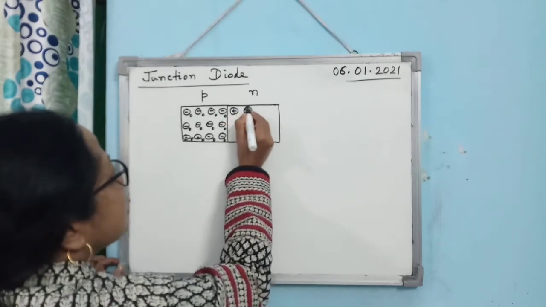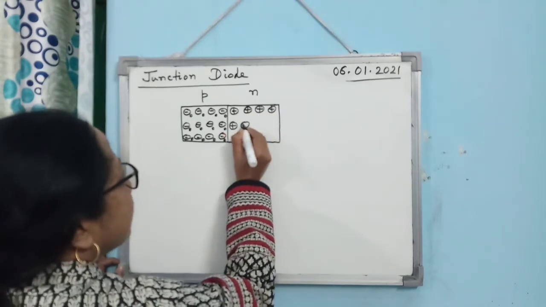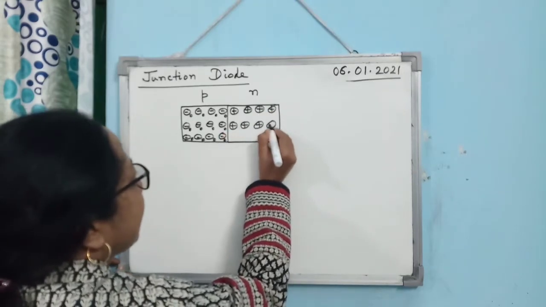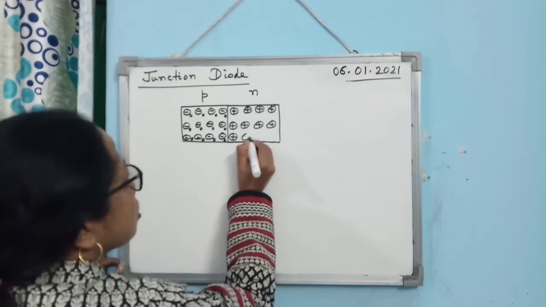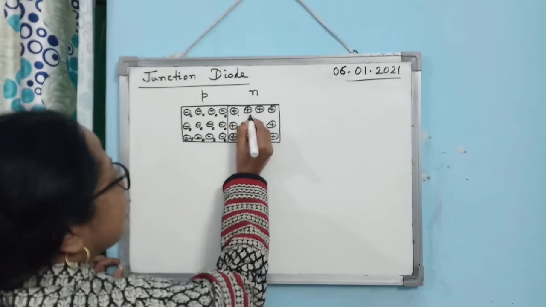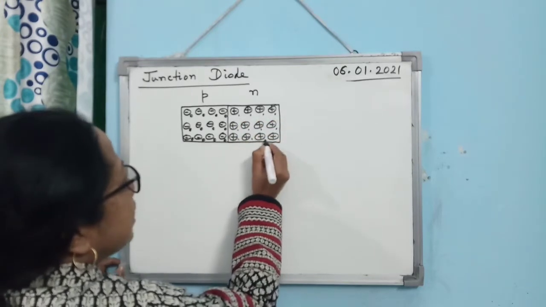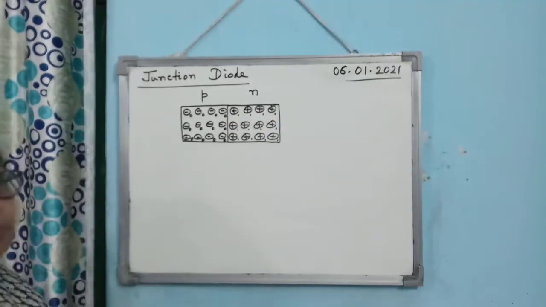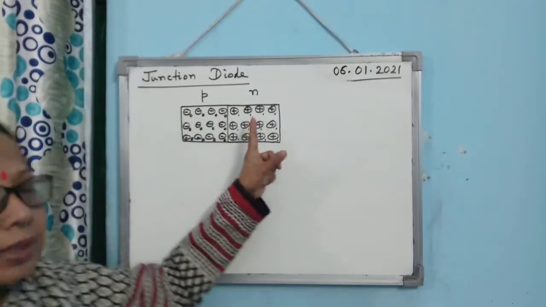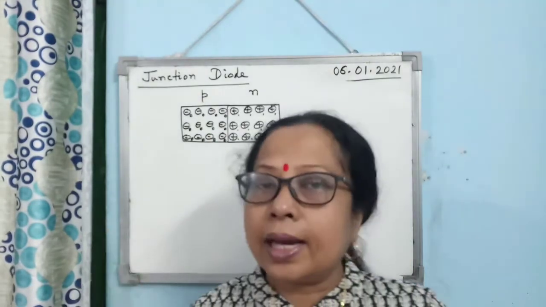There are positively charged immobile ions within it, and there are electrons as the majority charge carriers. Okay. So this is the way we represent the p-type semiconductor and n-type semiconductor. Alright. I hope it is clear from the diagram.